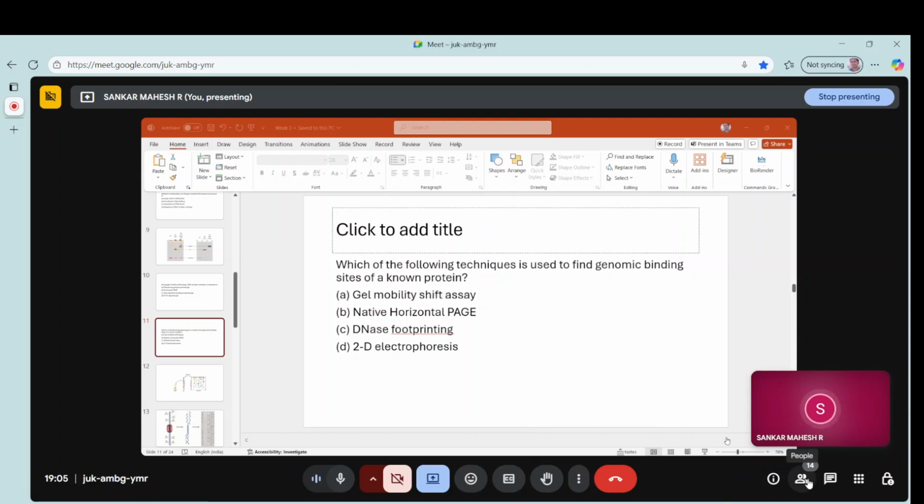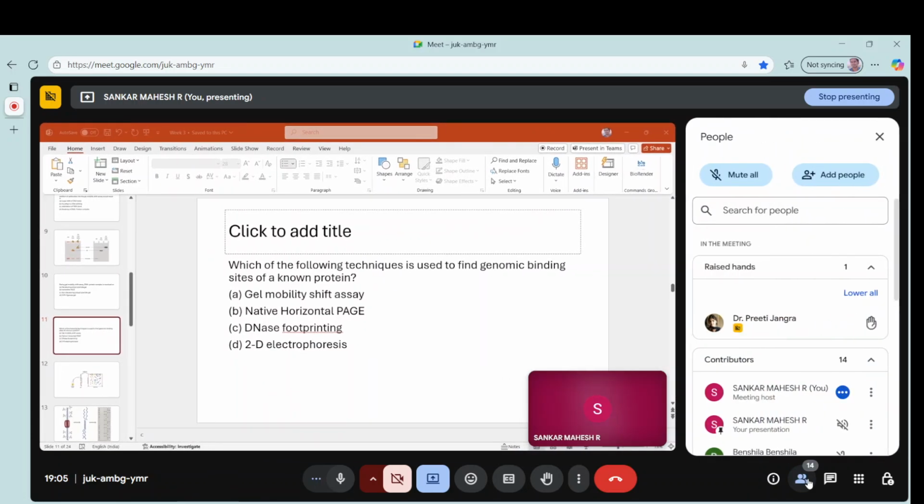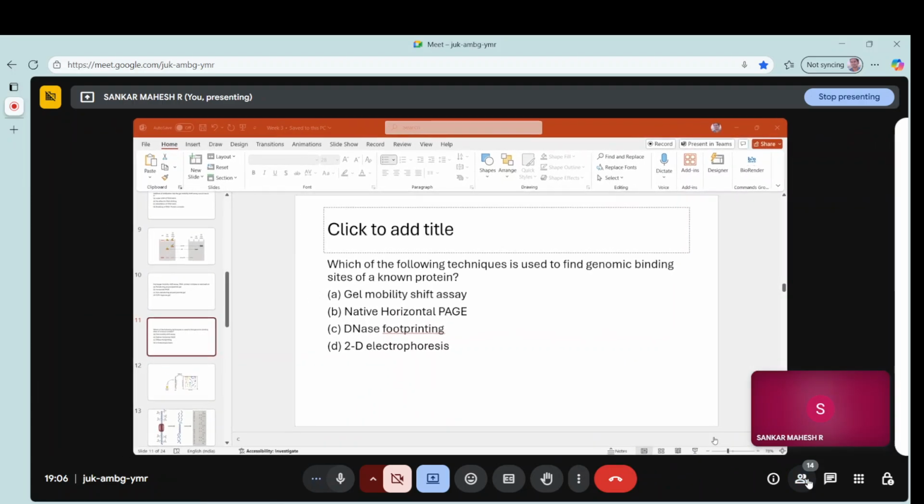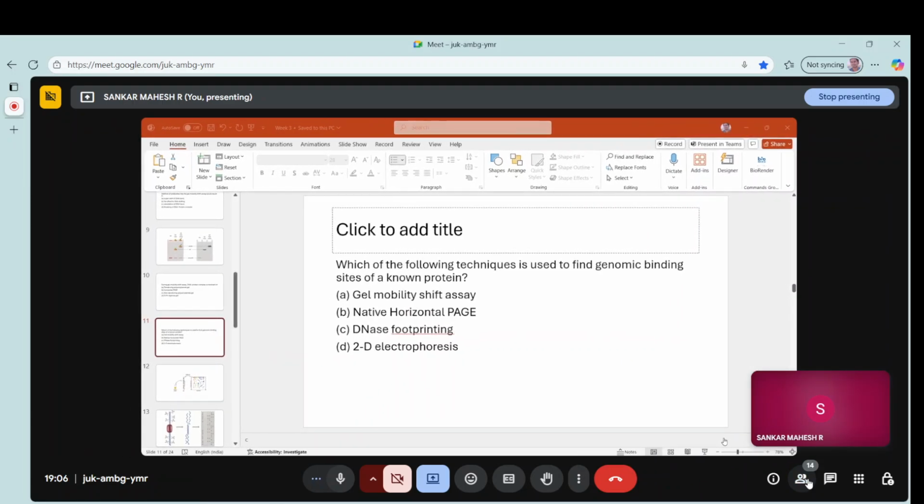You're saying the right answer could be DNA footprinting. Okay, DNA footprinting or DNase footprinting? And if so, what would be the difference? No, no. Are you saying the right answer is DNA footprinting? Right. Do you want to comment on the other options?